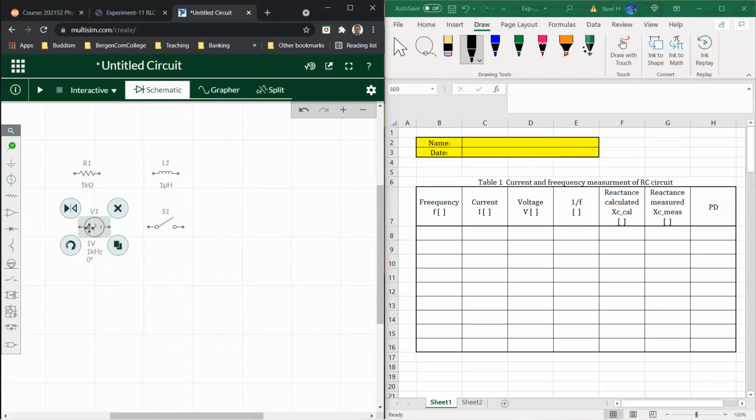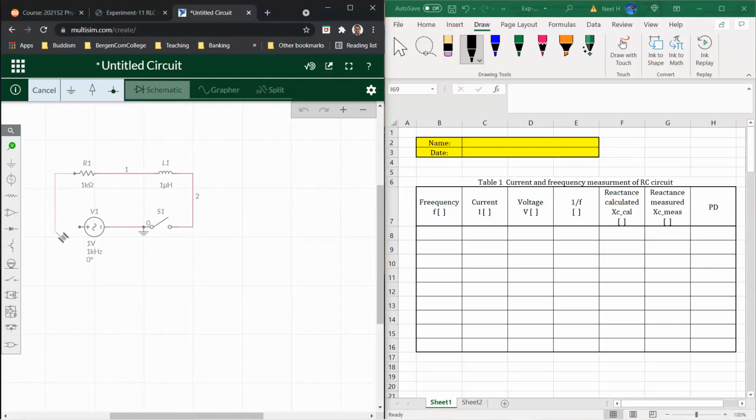Then we can put the grounding somewhere here. Okay, then we'll connect all of these. All right, that's our simple circuit.